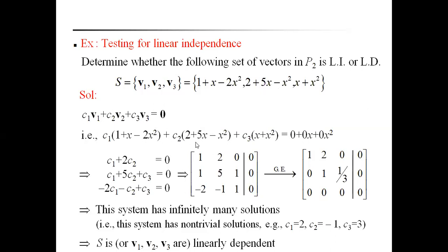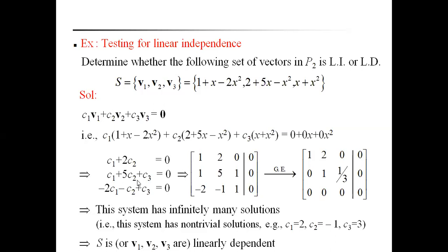Write degree-wise, the constant first, then the x term and the x square terms, by comparing both sides. Therefore, you can get these equations: C1 plus 2C2 equal to 0, C1 plus 5C2 plus C3 equal to 0, minus 2C1 minus C2 plus C3 equal to 0.